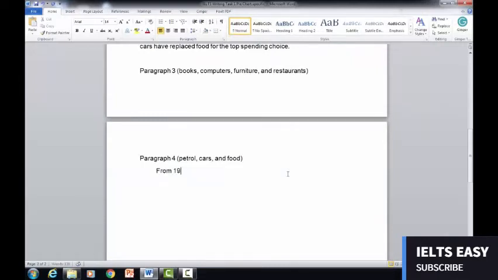So, from 1971 to 2001, books fell by 5%. But the computer spending jumped from 6% to 12%.